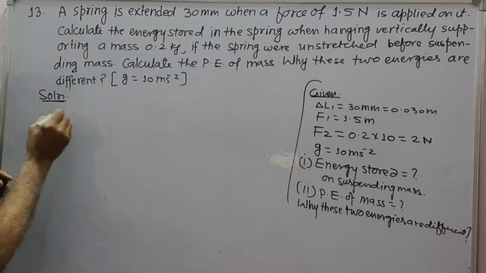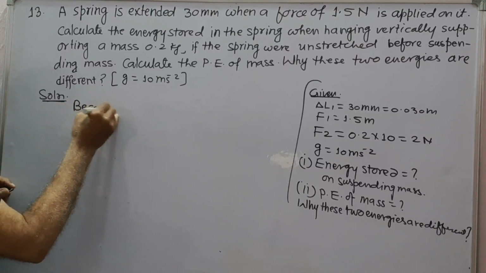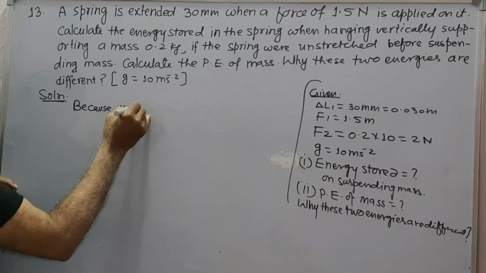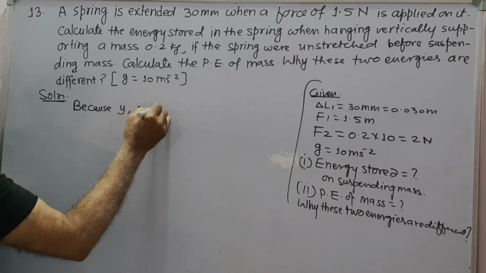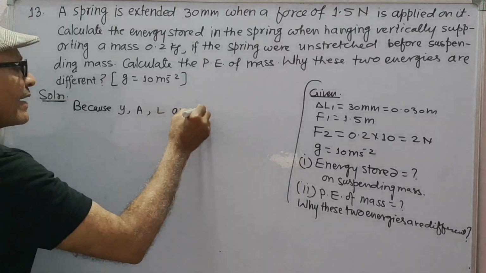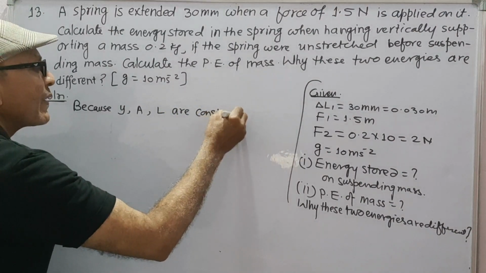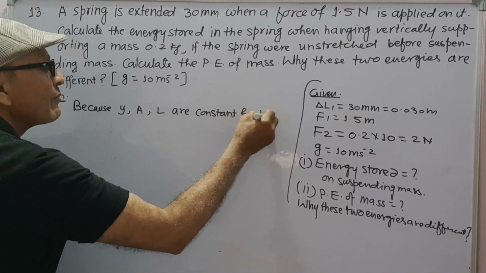Solution: because Young's modulus Y, cross section area A, and initial length are constant for both cases.